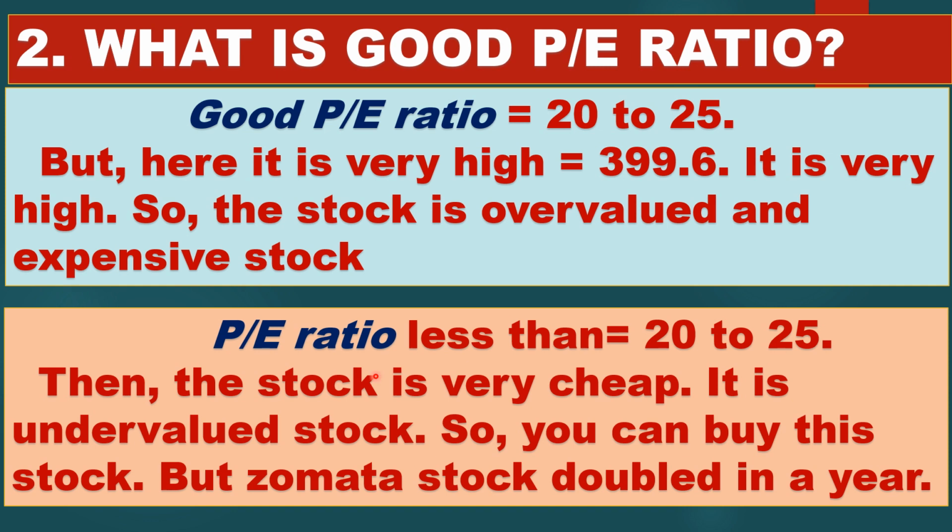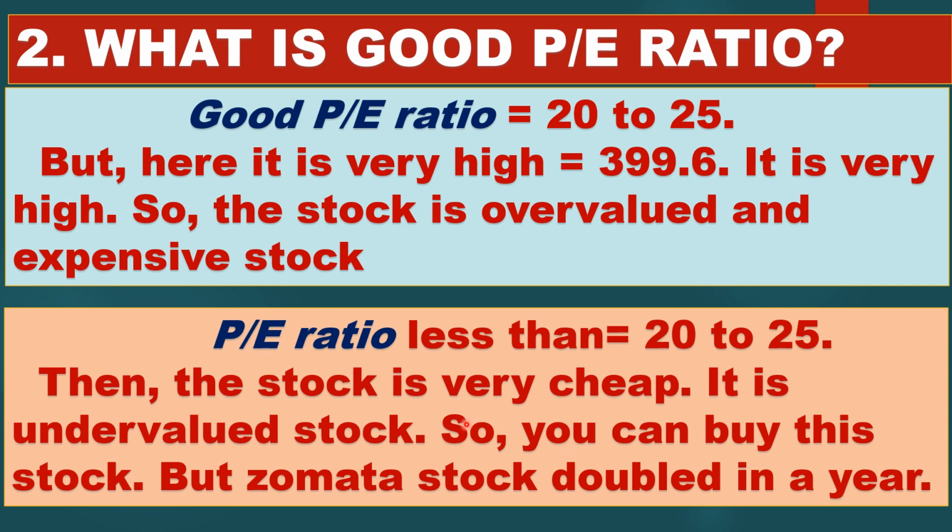Okay. Now, a PE ratio less than 20 to 25, what does it mean? That is, the stock is very cheap. It is an undervalued stock, so you can buy this stock. But on the contrary, Zomato stock doubled in a year.